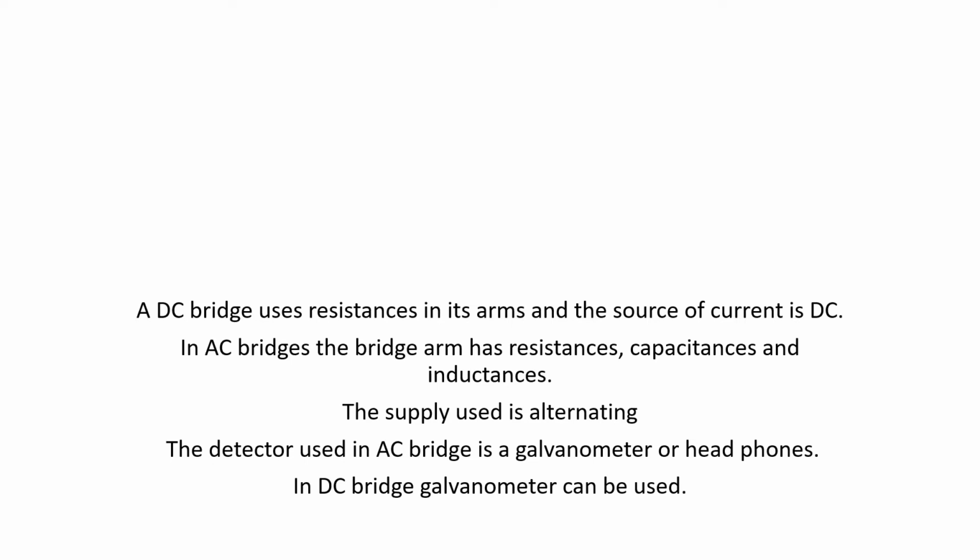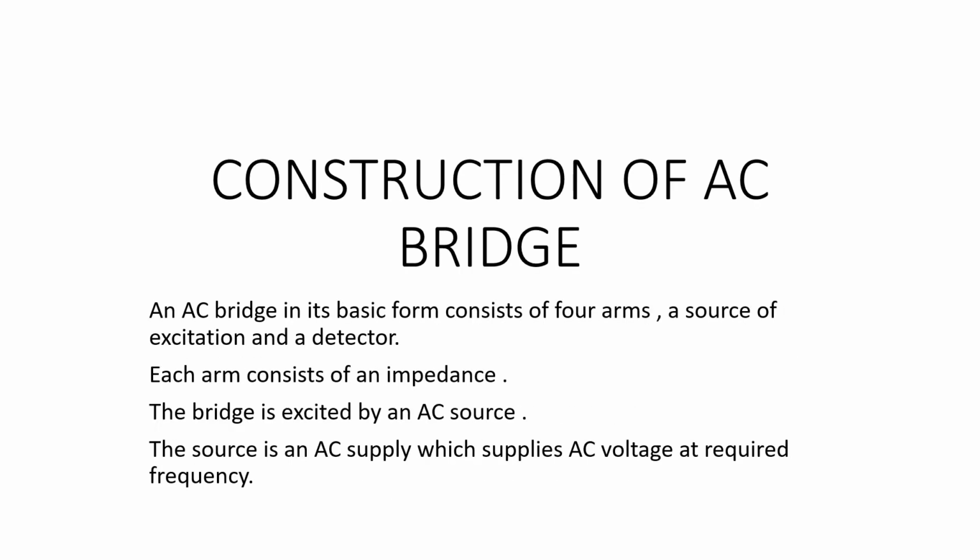In AC bridges, the bridge arms have either resistances or capacitances or inductances. The supply used is alternating. The detector used in an AC bridge is a galvanometer or headphones. In a DC bridge, a galvanometer can be used.